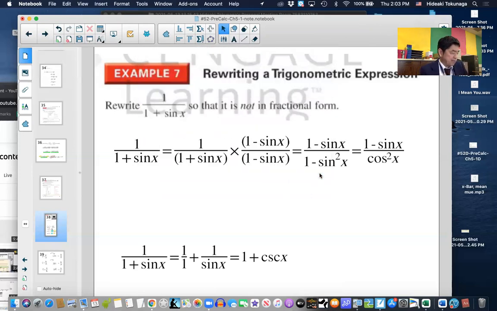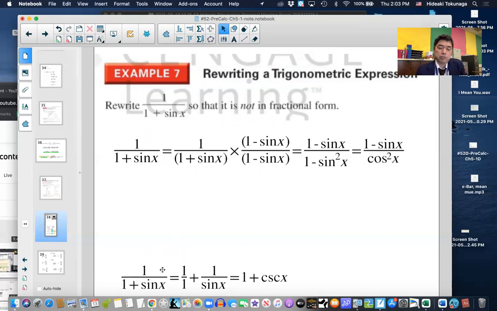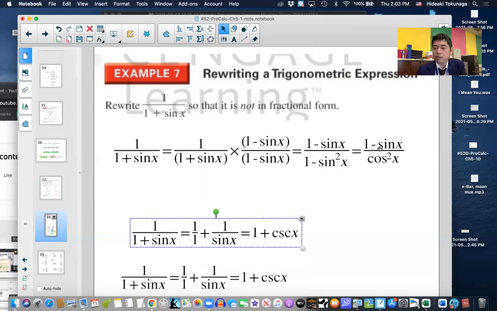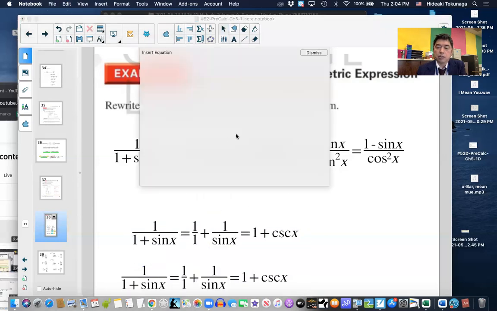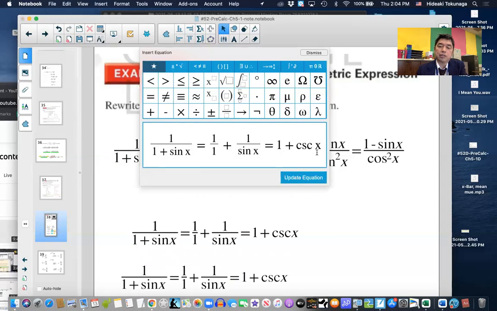Now what? I think we can separate this expression and see what will happen. Okay, so 1 over cosine squared x minus sine x over cosine squared x. I don't know if it's the right way to do it.